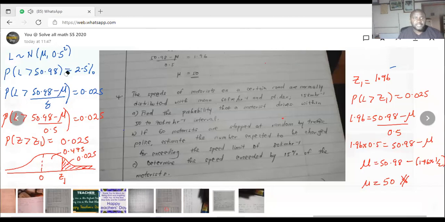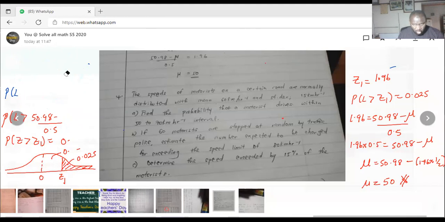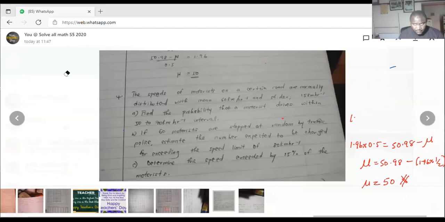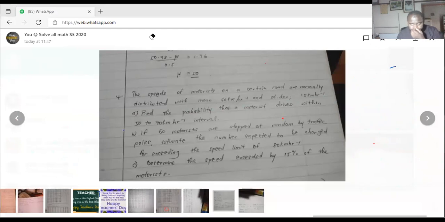The second example says, the speeds of motorists on a certain road are normally distributed with a mean of 60 kilometers per hour and standard deviation of 15.